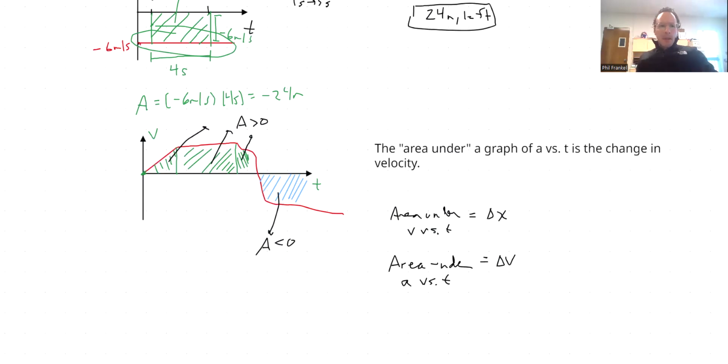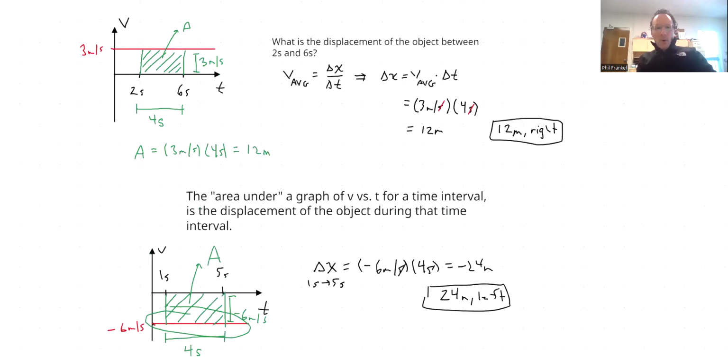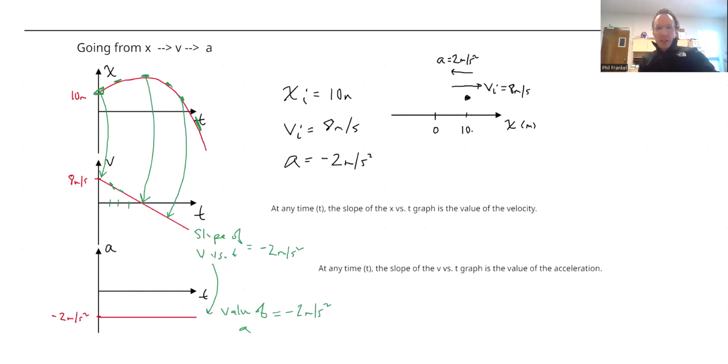To recap, if you are given information about a position graph and want to know what the velocity graph or the velocity values might look like, or you're given information about velocity and you want to extract information about acceleration, you're going from top to bottom using slopes.